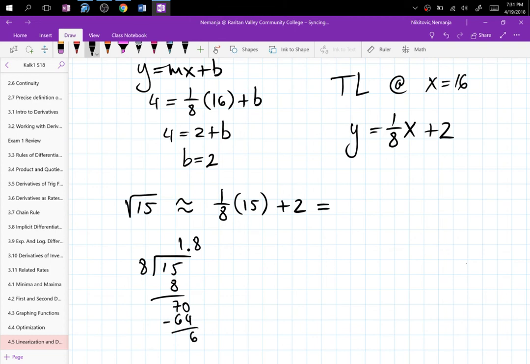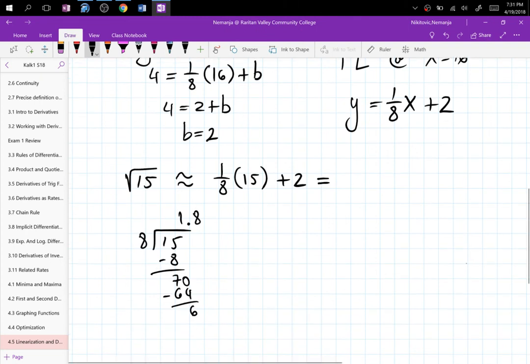We get 6 when you subtract, right? So 8 times 8, 64. So 6, now 60. So you get 7 for 56. Then you get a 4, 0. You get a 4 for 32. No, sorry, 5, you're done. 5, 40, 0. Great.